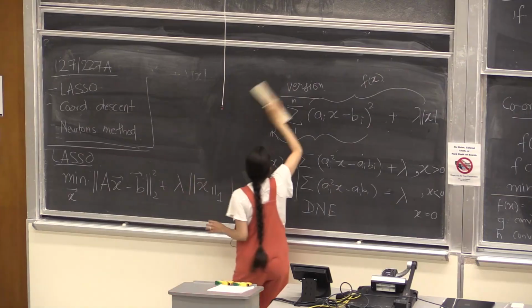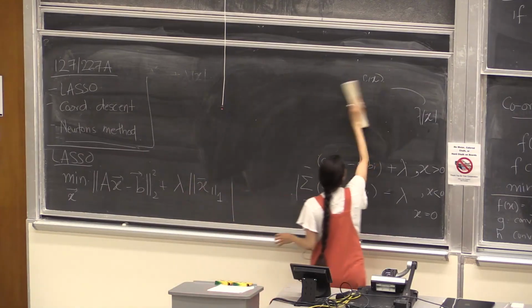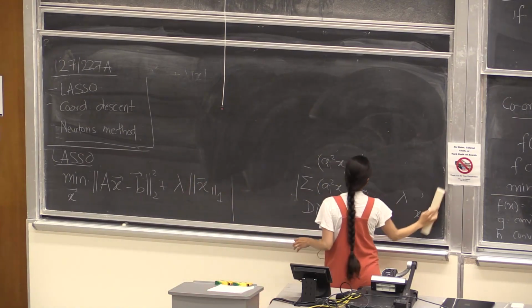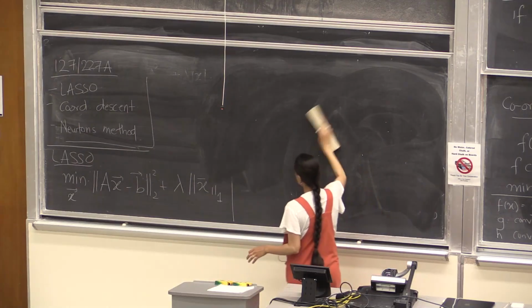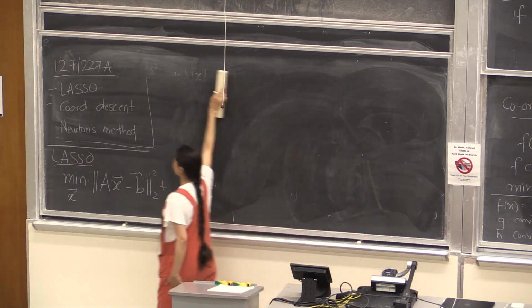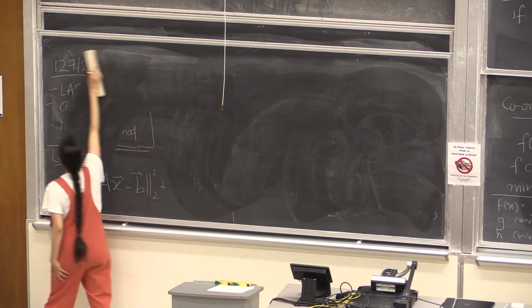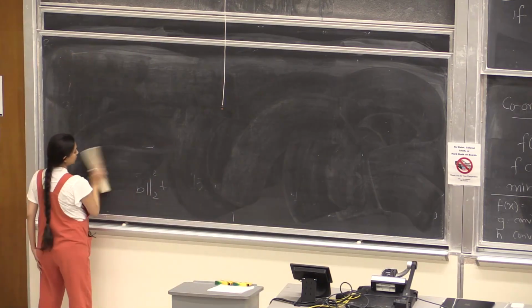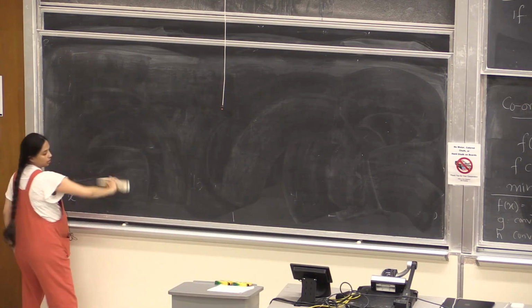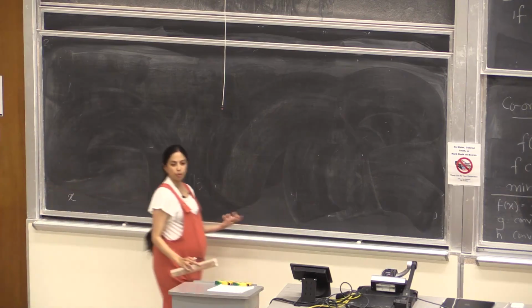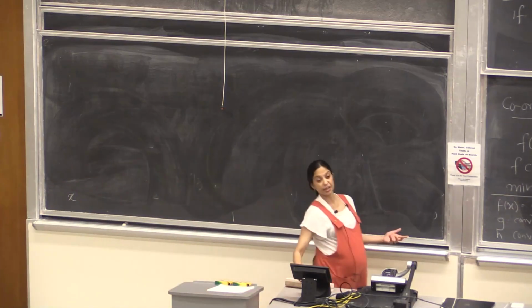So lasso is one example of something that has these special properties and can be solved using coordinate descent, but it's also an example of a quadratic program. And in general, quadratic programs are pretty nice.